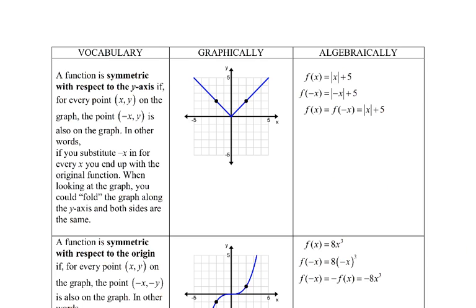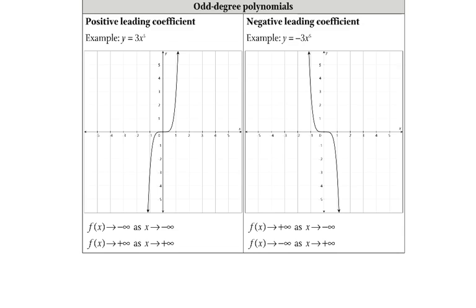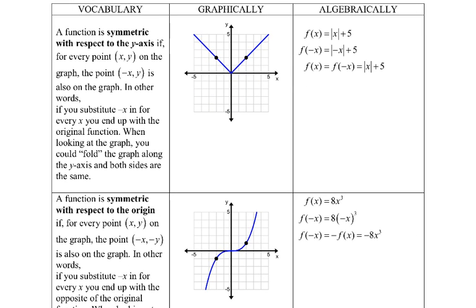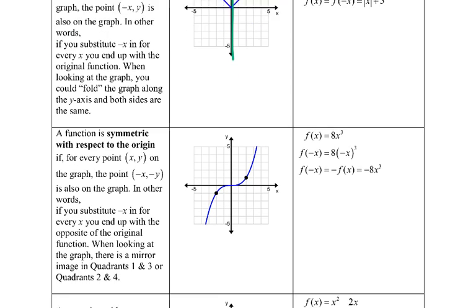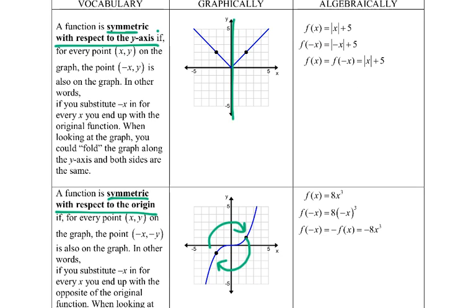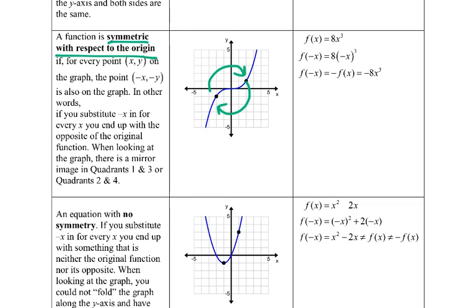Now, you may notice you had another page of notes here, after we looked at that. A few things I don't really care so much about, but you have symmetry. So if it's symmetric to the y-axis, you can fold it over the y-axis. If it's symmetric to the origin, that means you can kind of rotate it around and get the same thing. If it's symmetric to the x-axis, that would be something like this, which typically we don't see with functions.